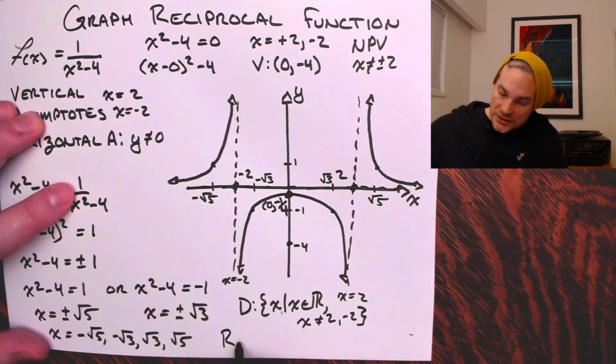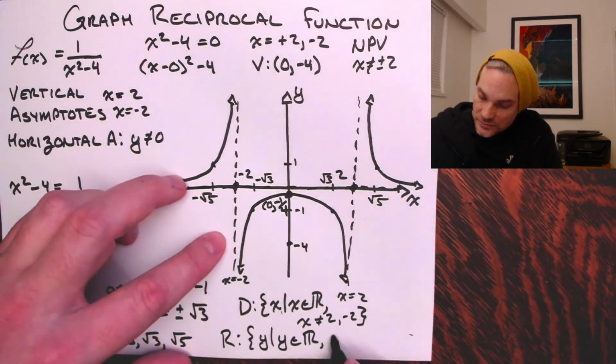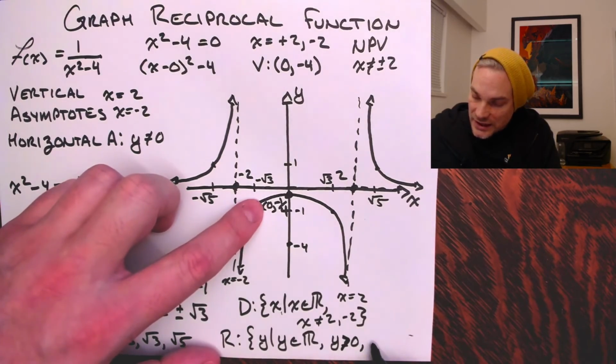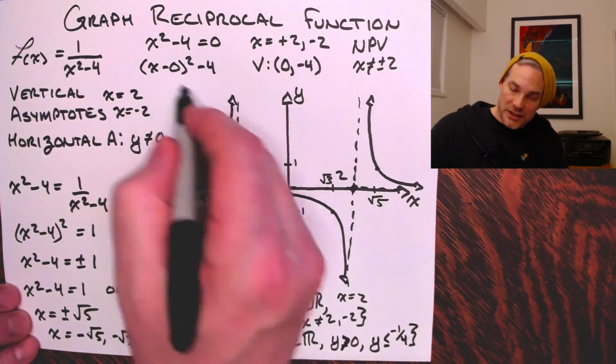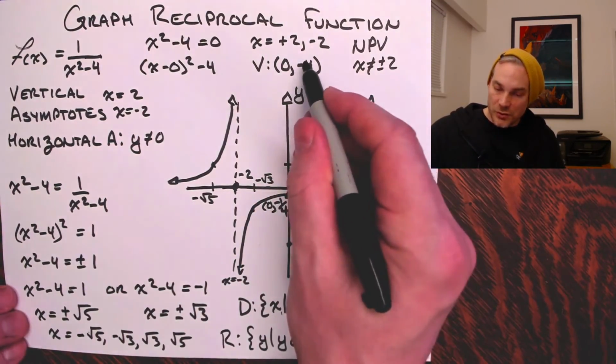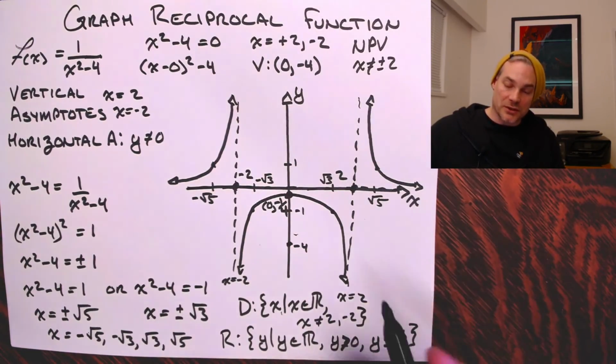Now if I did the range, that's y such that y is an element of the real numbers and y is greater than 0, or y is less than or equal to negative 1/4. We get this negative 1/4 from the vertex of the parabola. This is the reciprocal, so 1 over that number. And that's how you graph the reciprocal of a parabola.